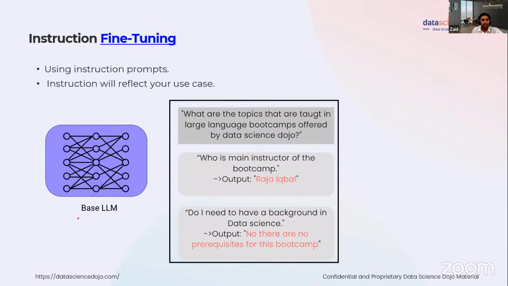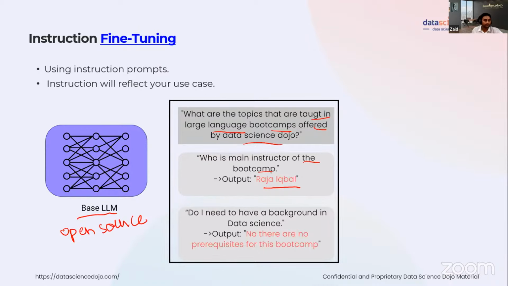Moving forward, what am I actually trying to achieve? I'm trying to make my open source LLM able to answer these queries. What are the topics that are taught in the large language model bootcamp offered by Data Science Dojo? Who is the main instructor of this bootcamp? It will give us an output that Raja Iqbal is the main instructor.